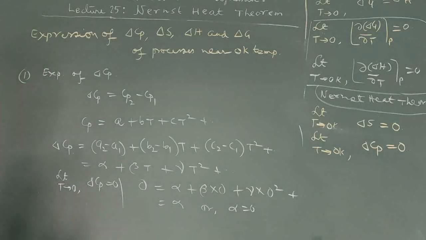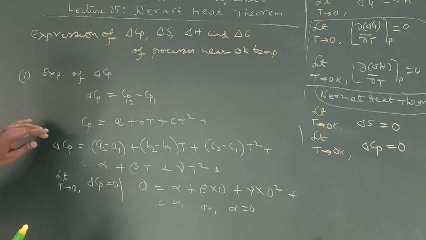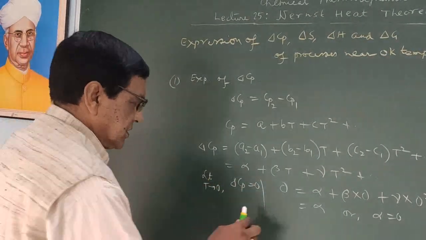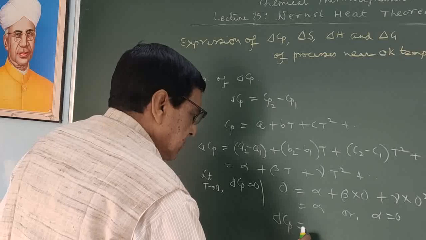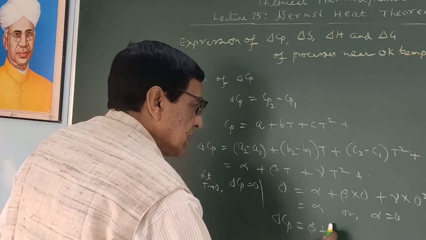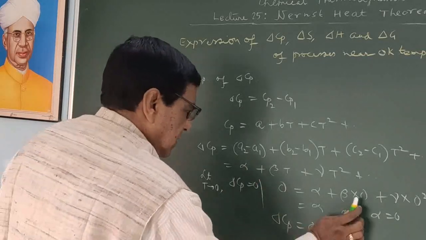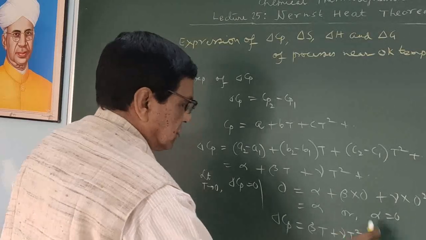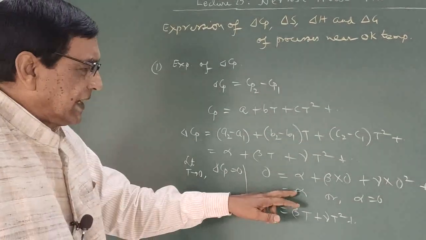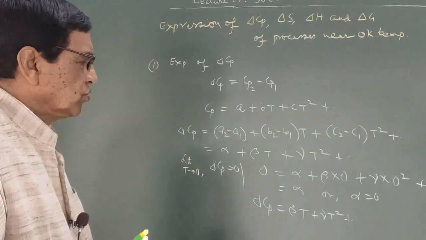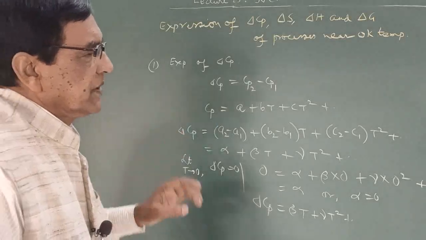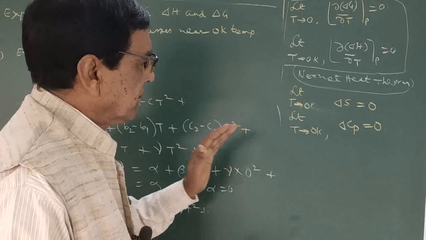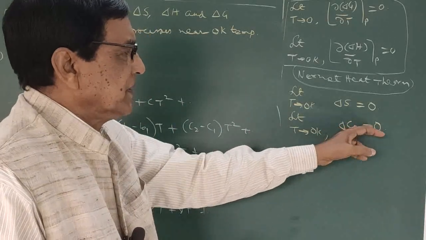So in order to comply the expression of this delta Cp, alpha has to be equal to 0, so that this relation must comply with del Cp equal to 0.